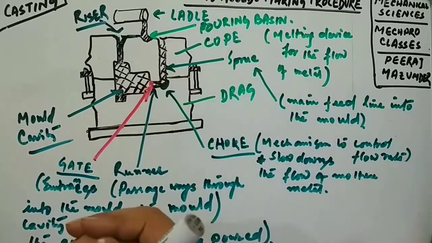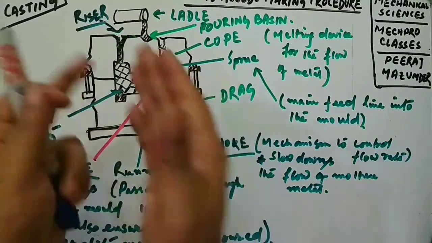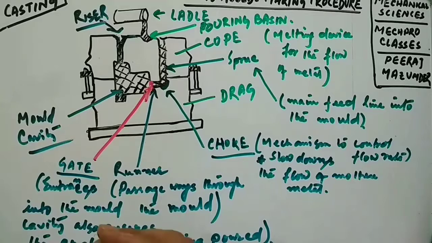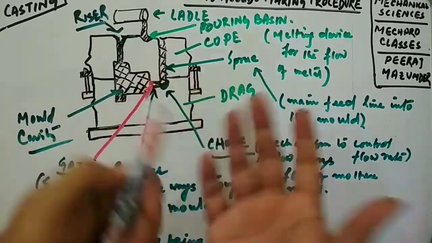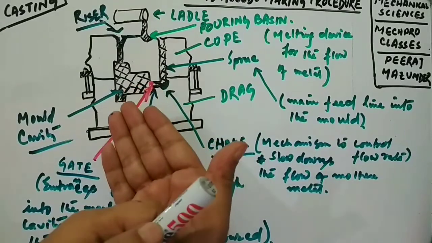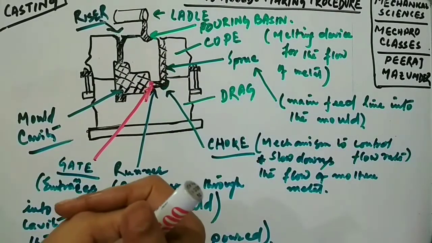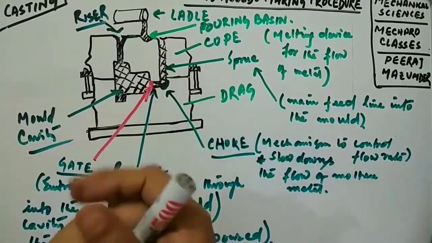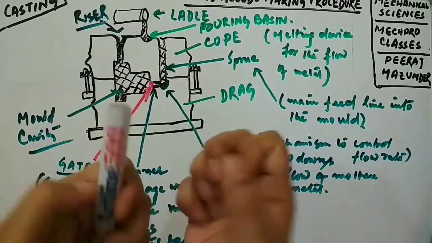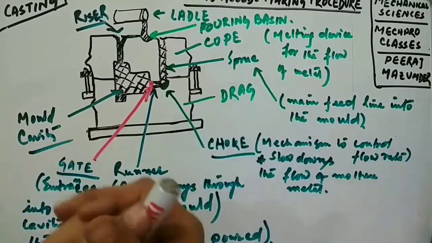And the second function, it acts as a reservoir, you can say. What kind of reservoir? During solidification, if there is any shrinkage or any scarcity, or need of molten metal again, sometimes it happens that when it solidifies, it shrinks. So there is a need of extra molten metal.